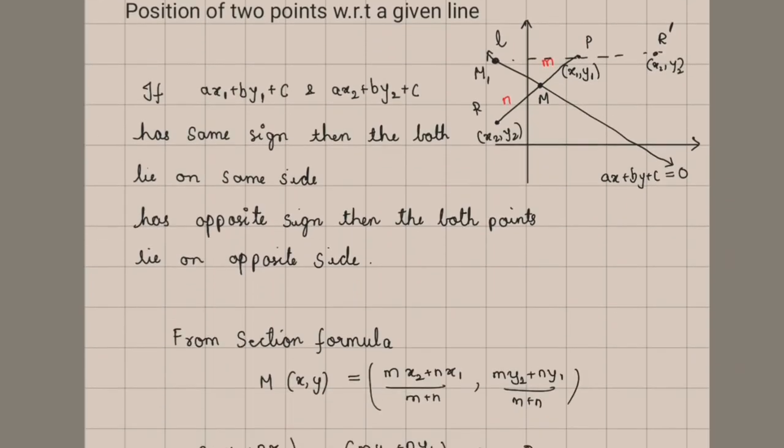If both points lie on the same side, the equation substituted with those 2 points should give the same sign, because above the line all points satisfy the equation greater than 0, and below the line all points satisfy it less than 0. If those 2 points have opposite signs, then the points lie on opposite sides.